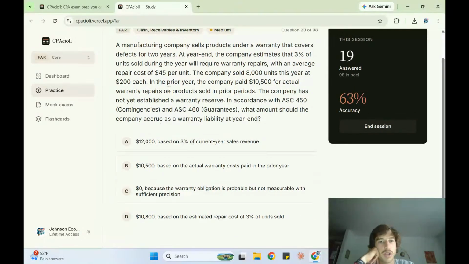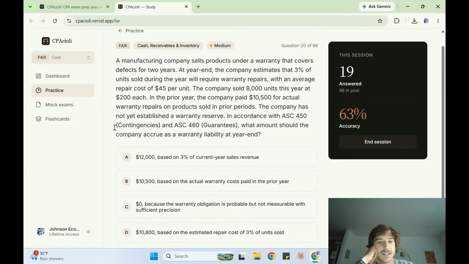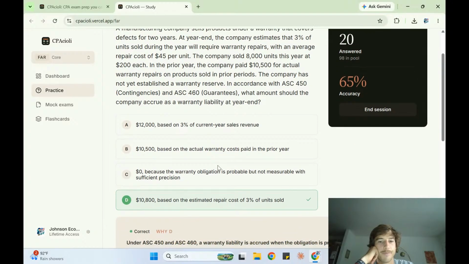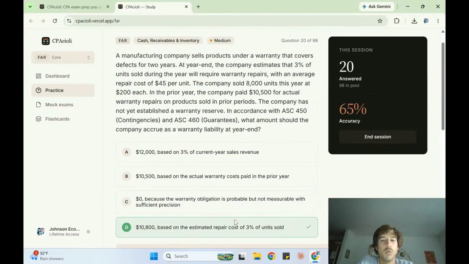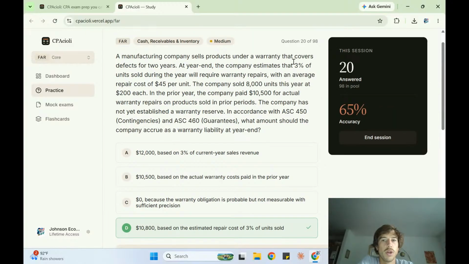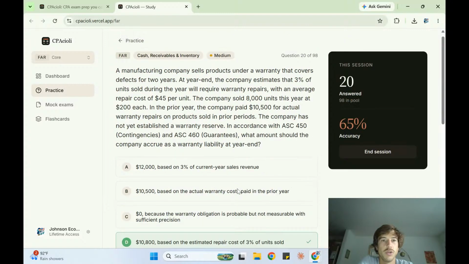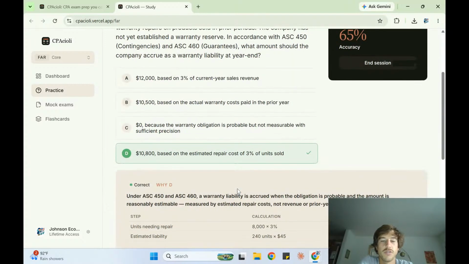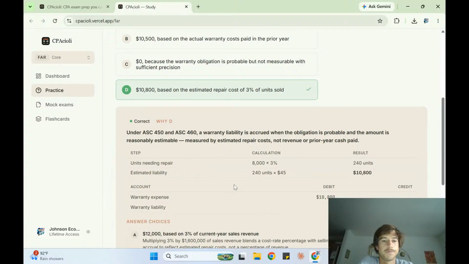I would probably think D. Okay. A warranty liability is accrued when the obligation is probable and the amount is reasonably estimable, and it was estimable. 3% of 8,000 units is 240 units times $45 cost apiece is 10,800.